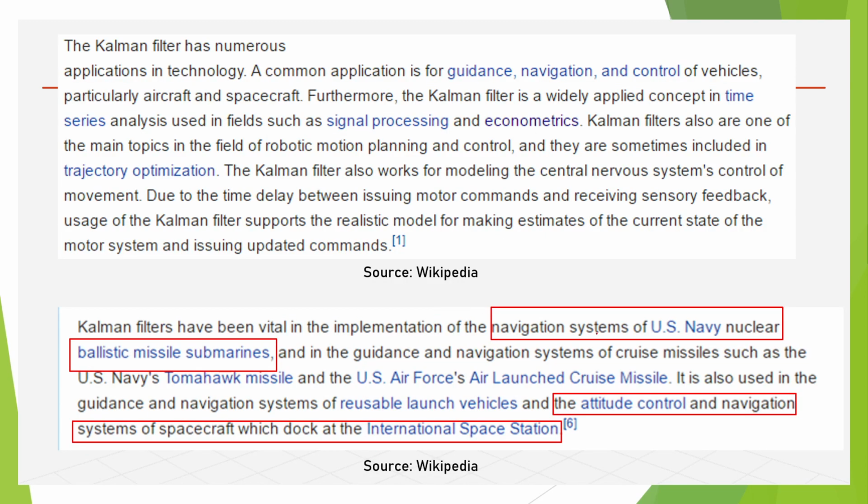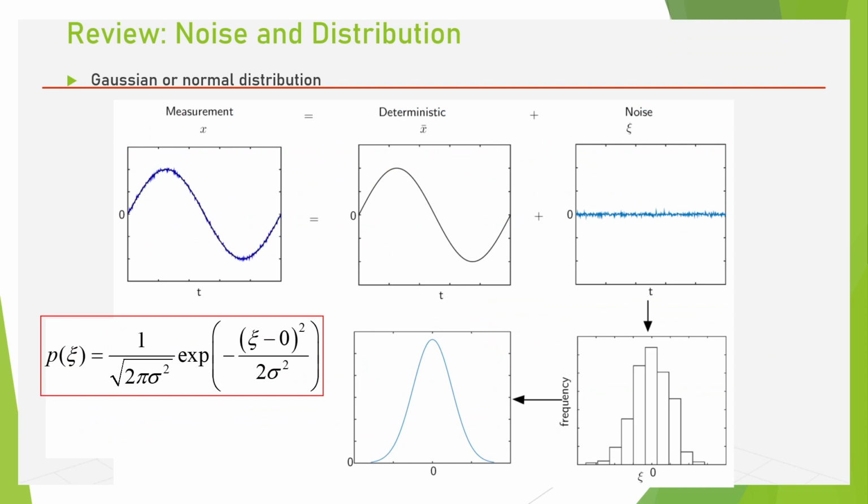And interestingly, it has been used for U.S. Navy nuclear ballistic missile submarine. I just want to raise awareness that this algorithm is very powerful and has been used in many applications. It doesn't mean I'm fancy of missiles or something. And for attitude control, it means controlling the orientation and navigation of spacecraft for docking with the International Space Station. I only use Wikipedia as a source of reference because it's easy for you to search if you are interested to know more.